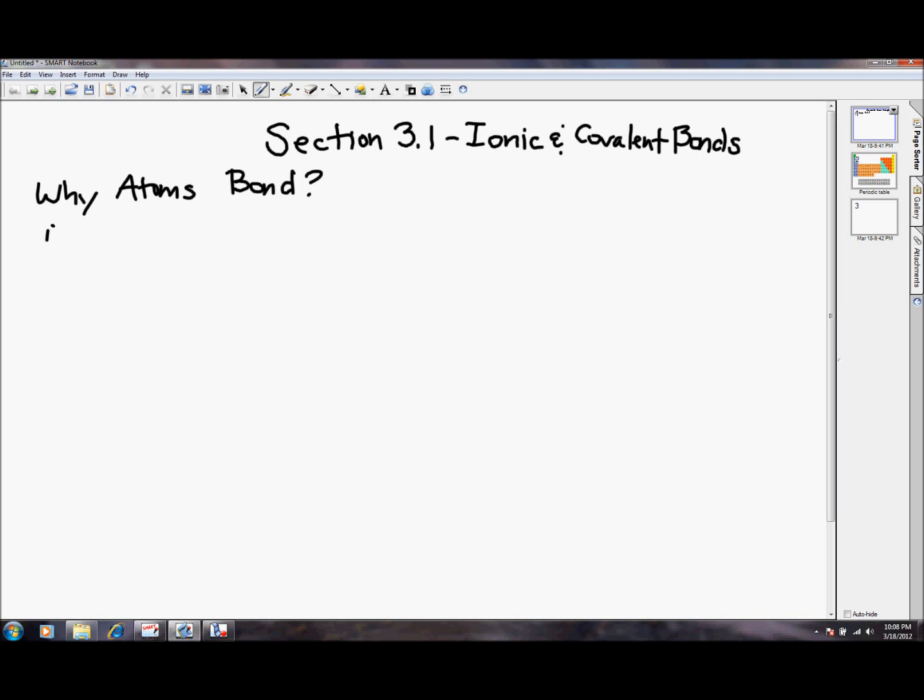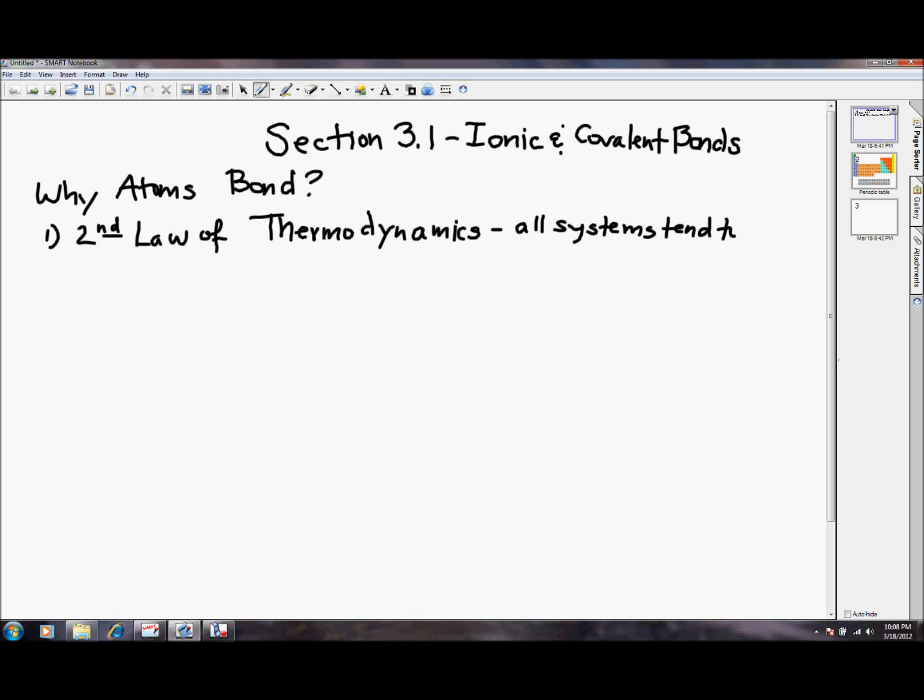The main reason is what we call the second law of thermodynamics. The second law of thermodynamics basically says that all systems tend to move to a lower energy state.